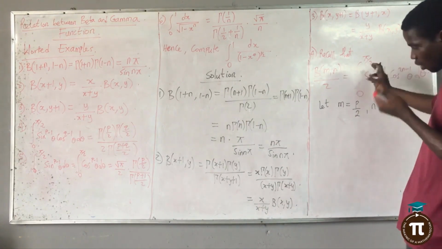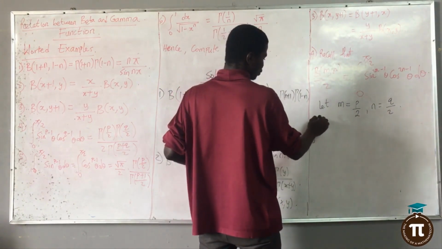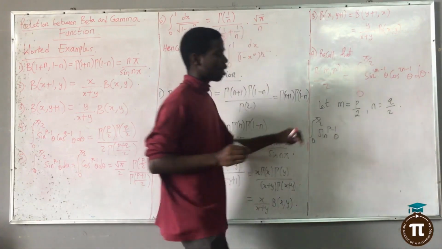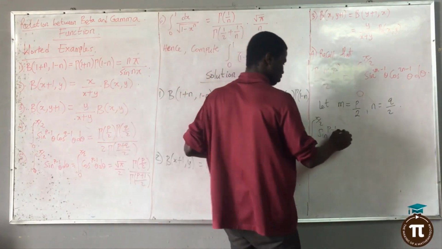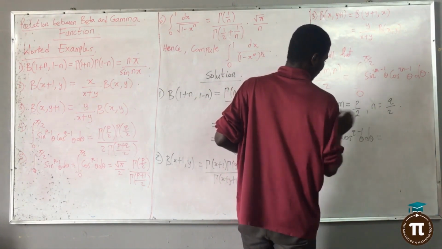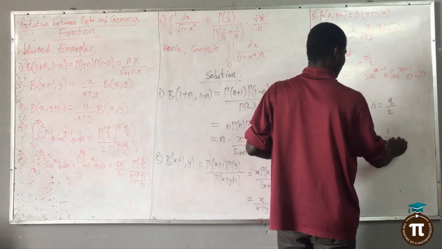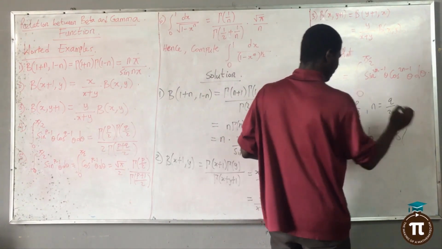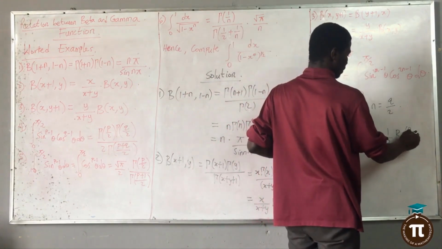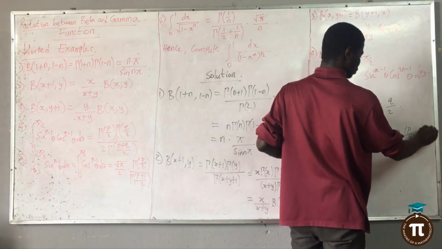So when you put it here, we are going to have the integral from 0 to pi over 2 of sine p minus 1 theta cos q minus 1 theta is equal to 1 over 2 beta of p over 2 comma q over 2.